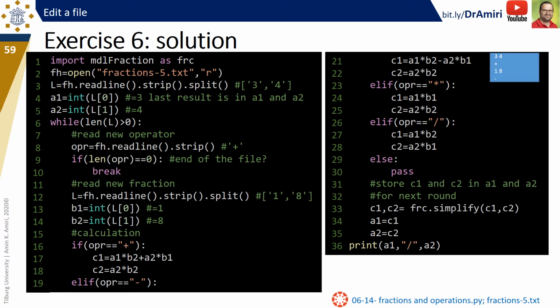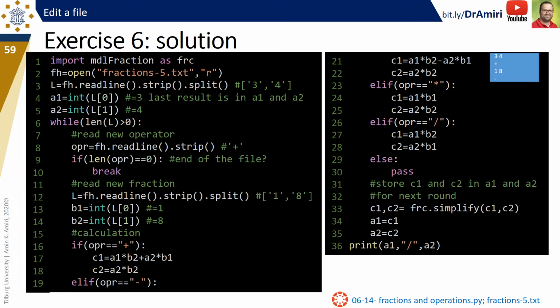So in line 6, you see that while len L greater than 0, so if we are at the end of the file and we use read line, an empty string is returned and we can stop reading the file using this condition.